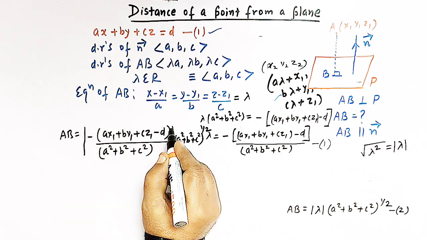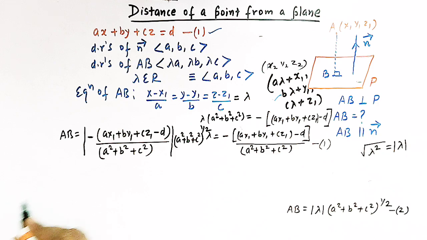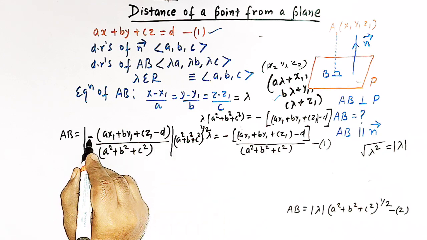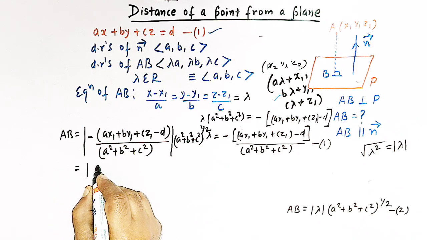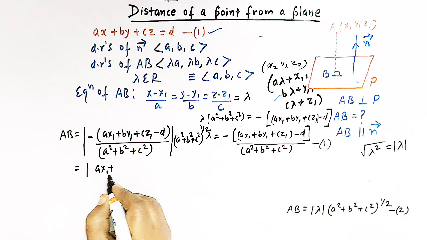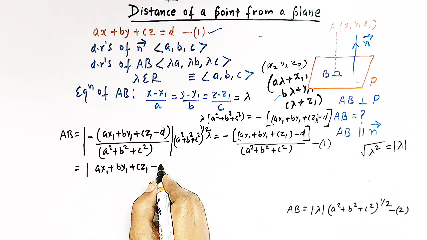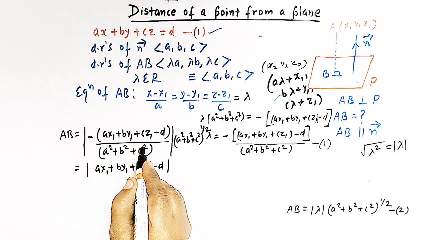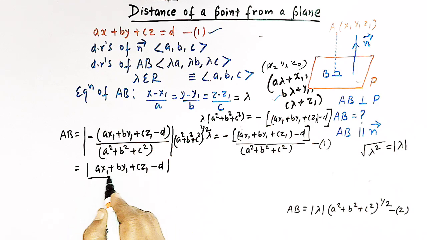Now here we have the mod of this term, and here we have the negative sign, right? So this mod sign makes this negative sign positive. So we can now write the absolute value of simply this sign becomes positive. So we have ax1 plus by1 plus cz1 and minus d, right? And since this is a positive term, this term may be taken outside this mod sign.